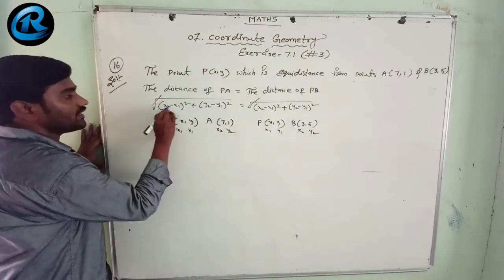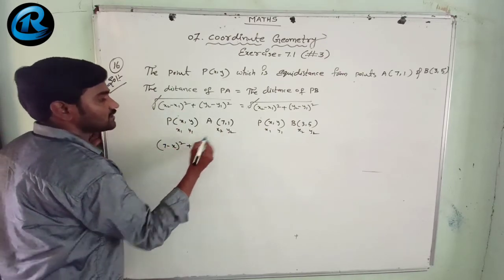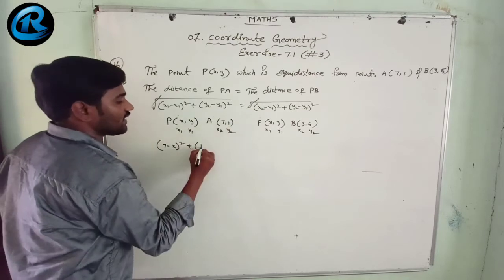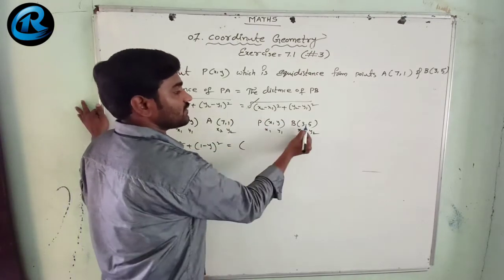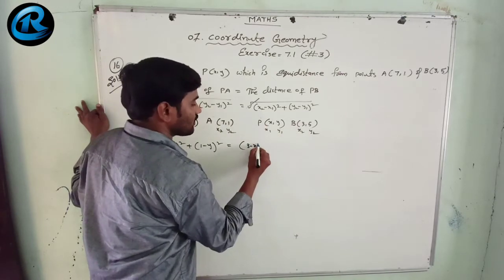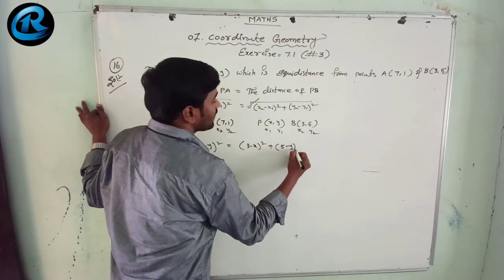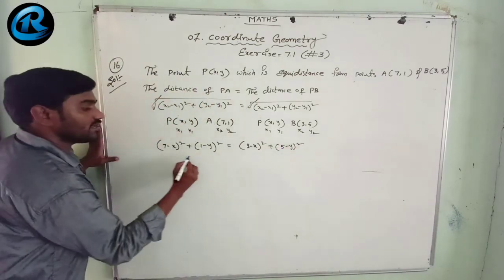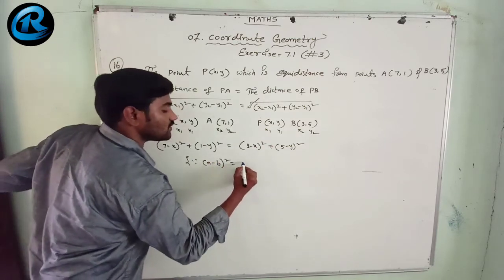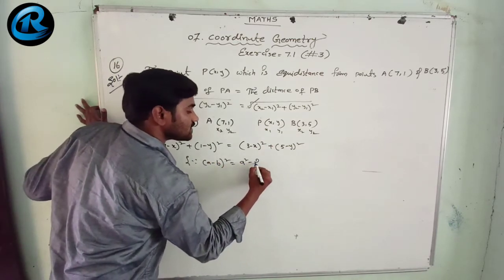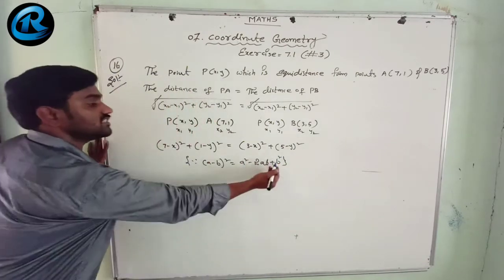Let us substitute that. x2 minus x1, 7 minus x whole square, plus y2 minus y1, 1 minus y whole square, equals 3 minus x whole square plus 5 minus y whole square. Here all these are in the same formula: (a minus b) whole square equals a square minus 2ab plus b square. Let us expand in this form.